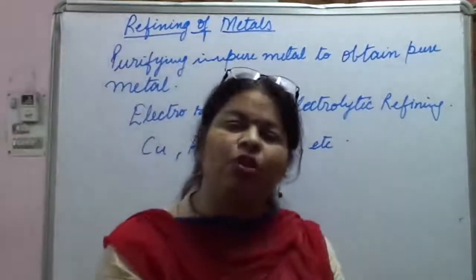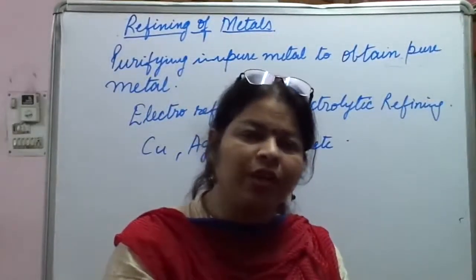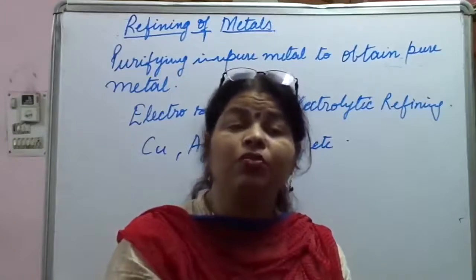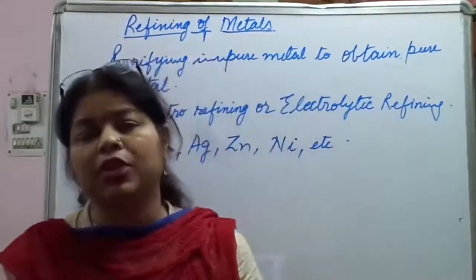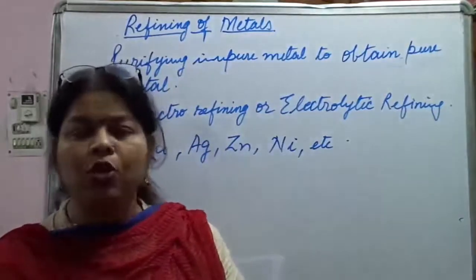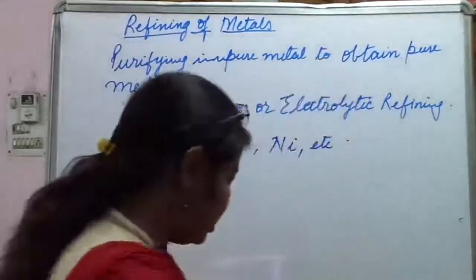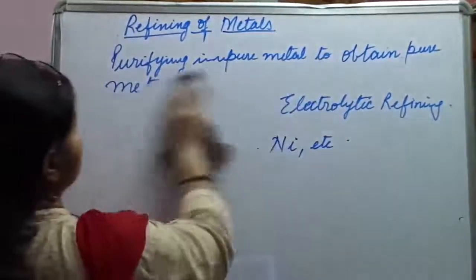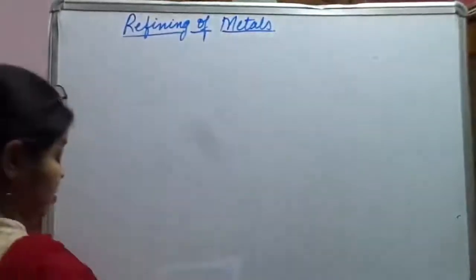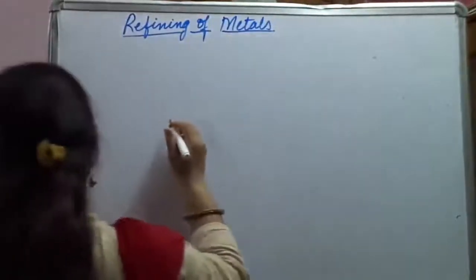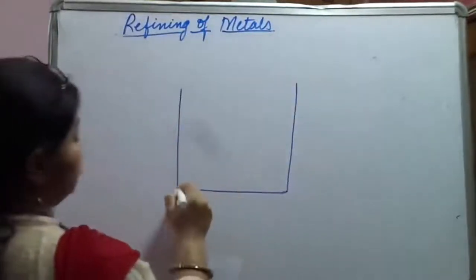So in this method what do we do? It's very simple, like the electrolytic method we have learned so far. We take something just like an electrolytic cell, and in that the impure metal block acts as anode. Let us see diagrammatically. A container.